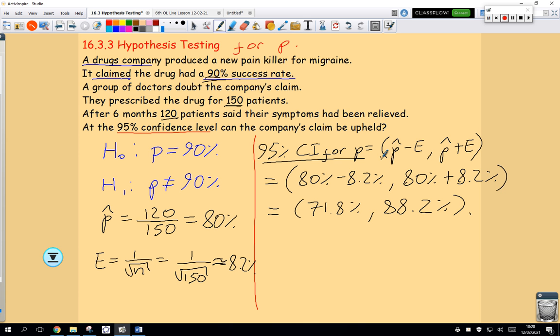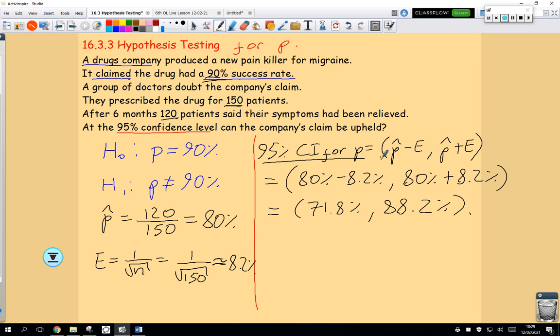So our thinking is that we are one of the 95% as opposed to one of the 5% of intervals that do not contain the true population proportion. So I suppose you could say we're 95% confident that the true population proportion lies between 71.8 and 88.2%. Okay?